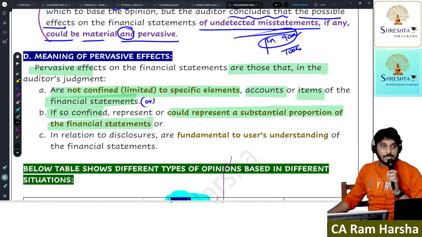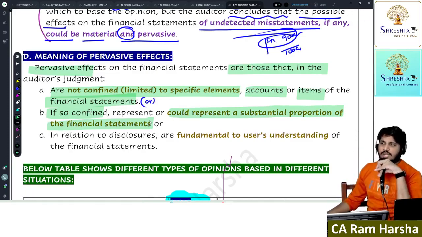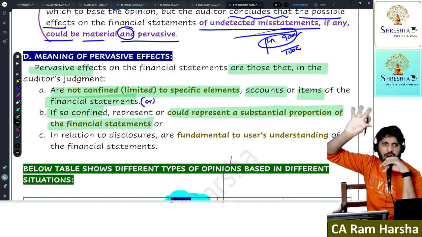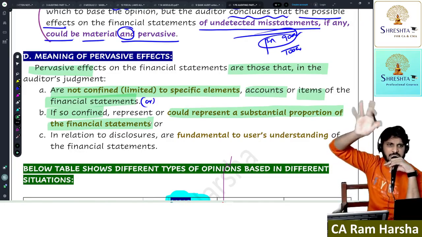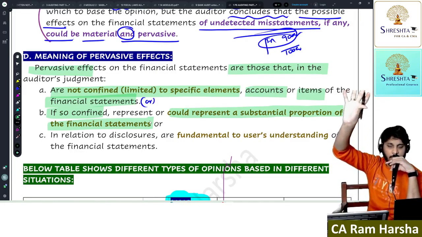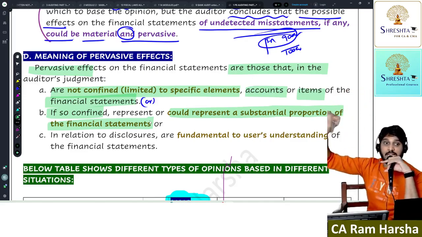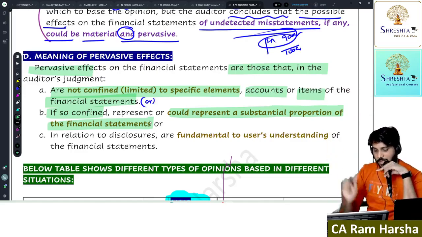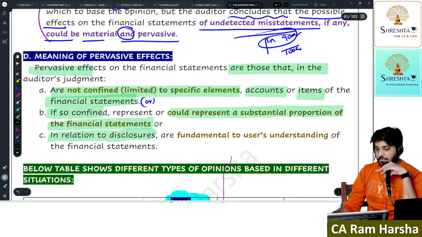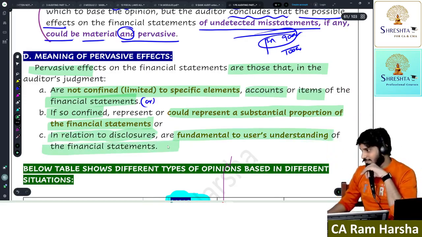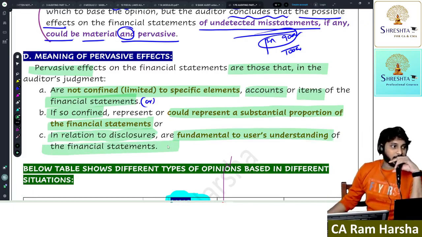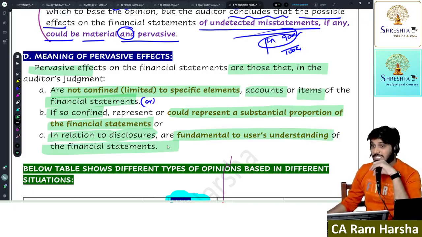First point, what are they saying? Pervasive means not in one or two items. One or two items mistake is not pervasive, it is material only. Or if it is one or two items but a substantial portion, then it is pervasive. Or in relation to disclosures, fundamental for understanding. So if they are making a mistake in any of these three, then it is pervasive.